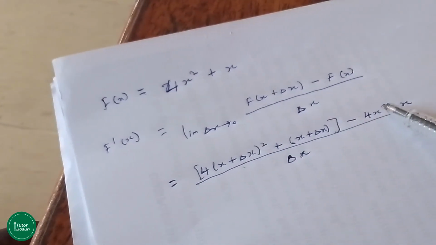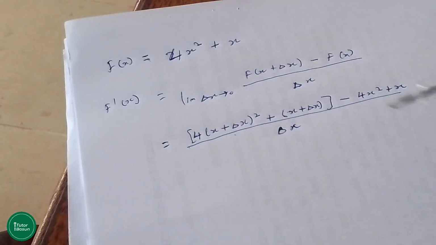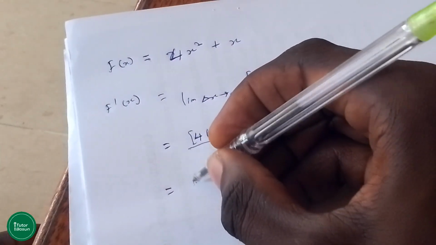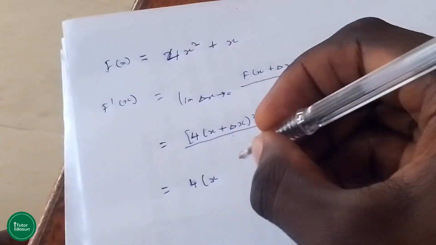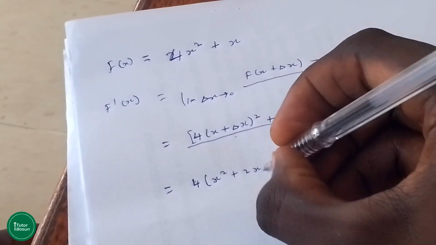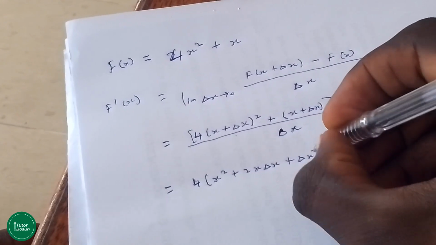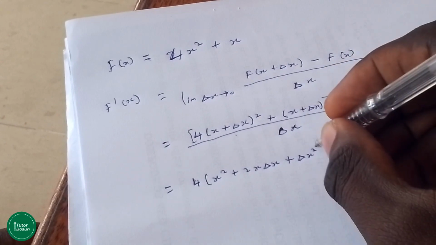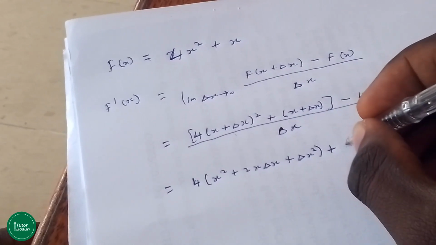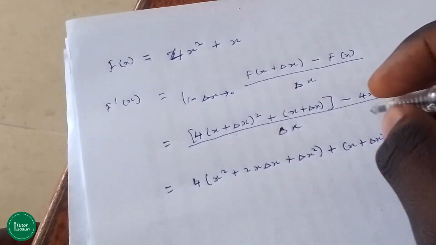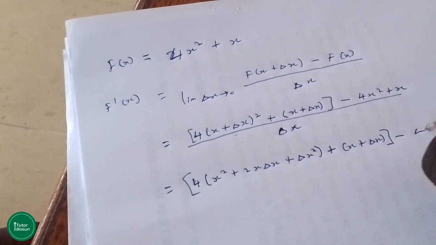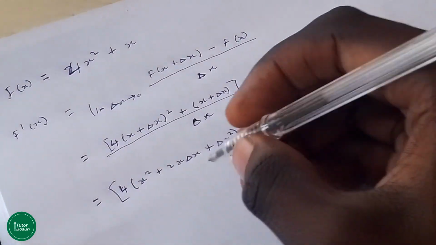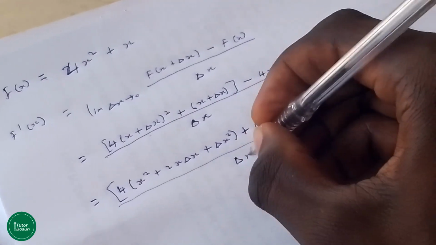Then we also have to simplify the expression. And that automatically gives us 4 times x squared plus 2x delta x plus delta x squared, plus x plus delta x, everything minus 4x squared plus x, all over delta x.